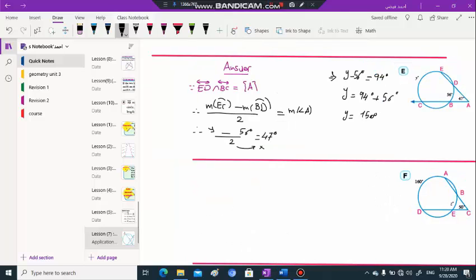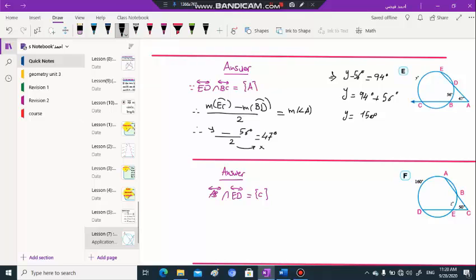Another example, we have AB intersecting with CED at the point C, and we want to find DBE.